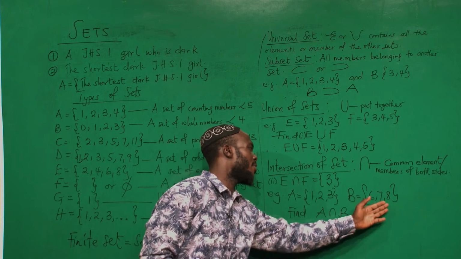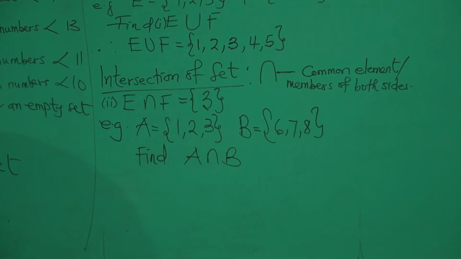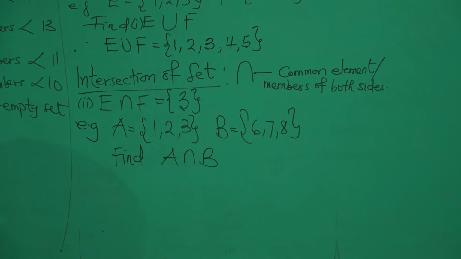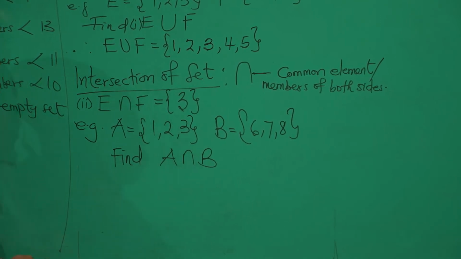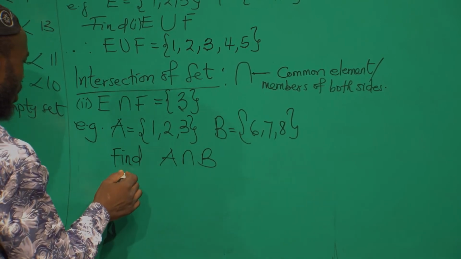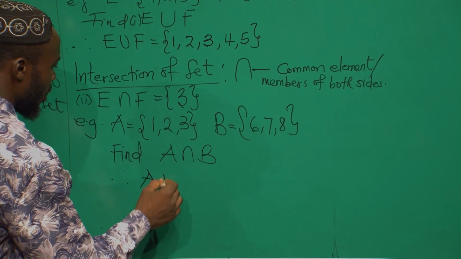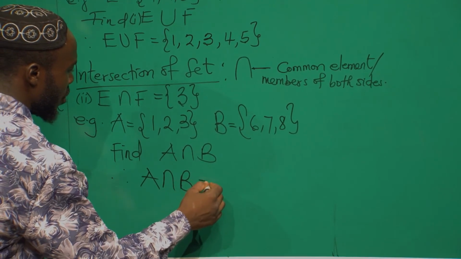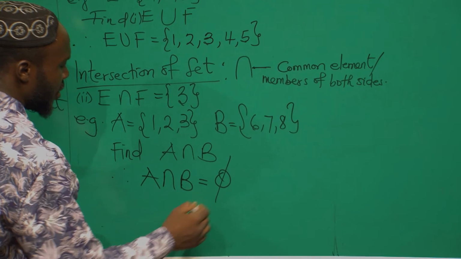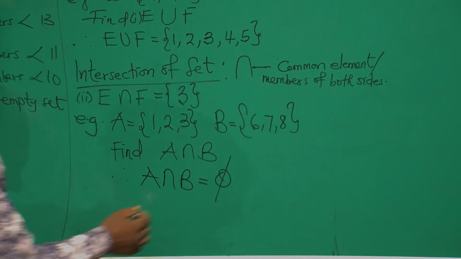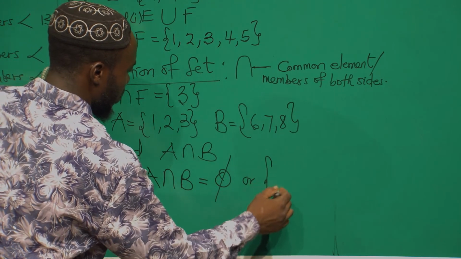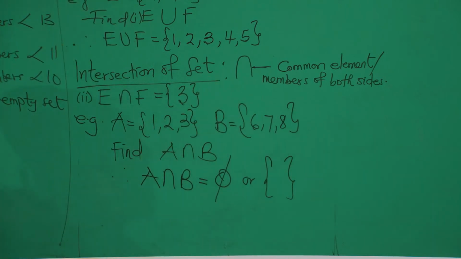If you compare 6, 7, 8 also to A, there is nothing there. So this makes A intersection B a null set. So you just write, therefore, A intersection B is equal to a null set. Either you write this or that. You choose one.